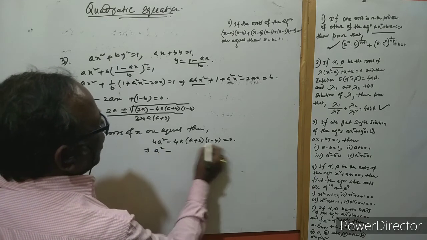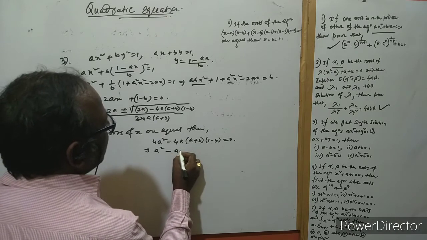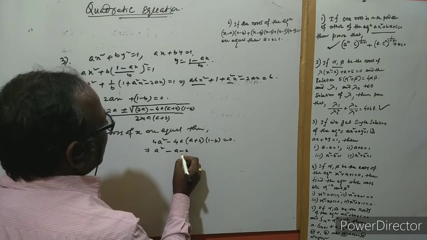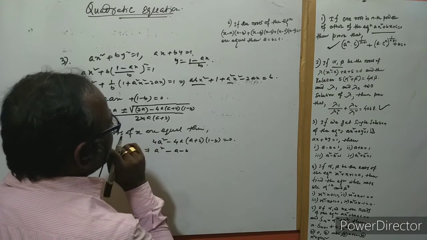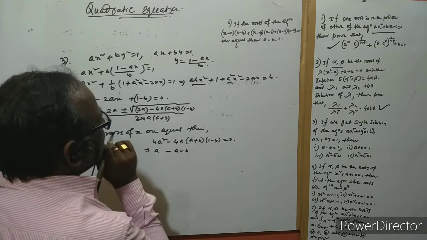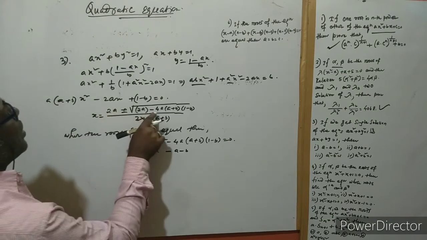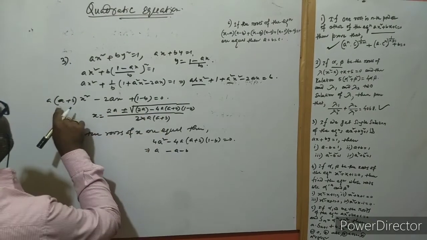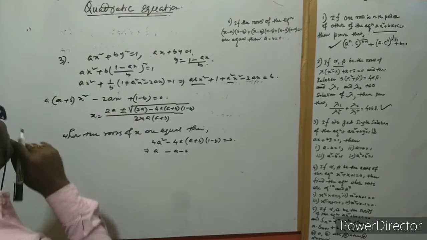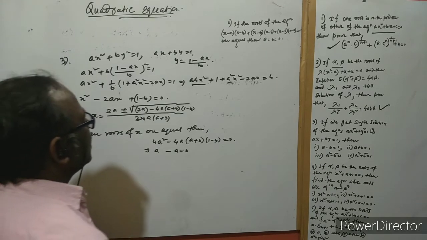So multiply this equation. So minus a minus b and also a here. We take a common a here. Okay, so b square minus 4ac. Okay, see.